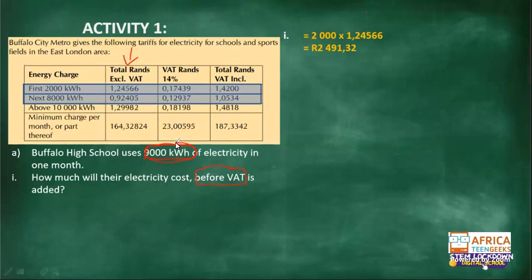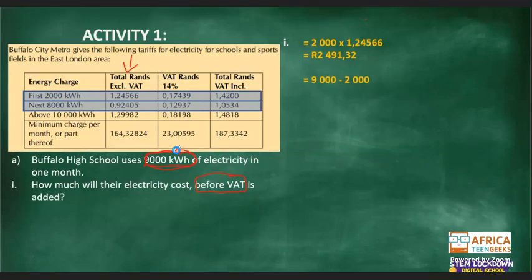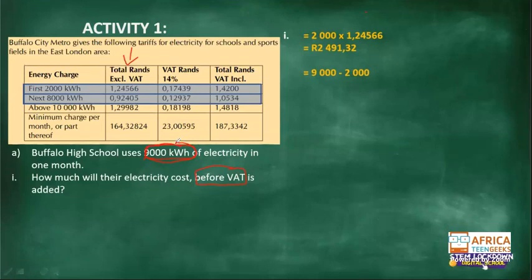They don't use the full 8,000. They only use a part of the 8,000. How do we know how much they use? We go 9,000 minus the 2,000 we already have. Remember, they don't charge the whole 9,000 at that rate. They only charge 7,000 units at the rate of 0.92405. Does everybody understand how I got that?